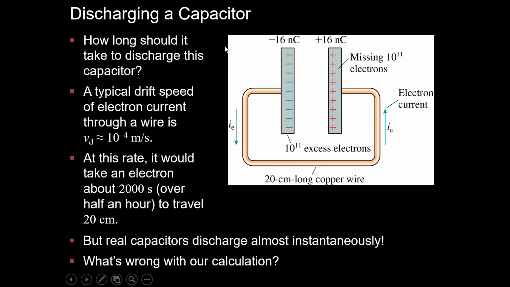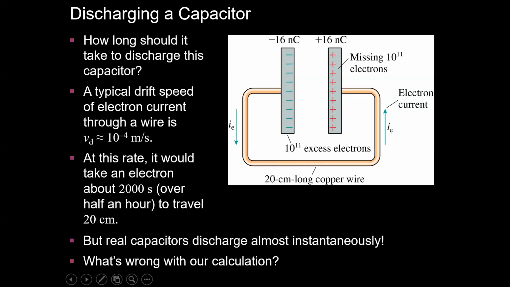And yet we observe that this discharge of these two plates is nearly instantaneous. It's almost a matter of nanoseconds. And so there's a disconnect there. It's the same disconnect that you see in the atmosphere. It's the same analogy as someone popping a firecracker a mile away.